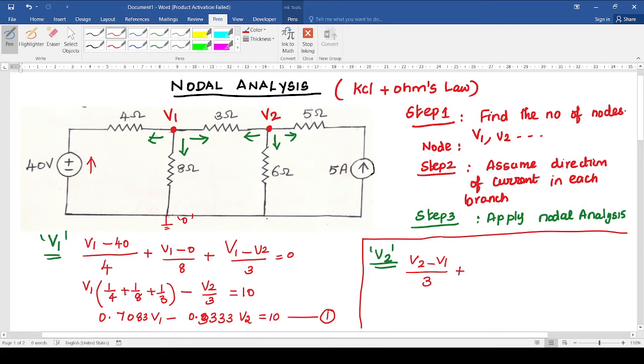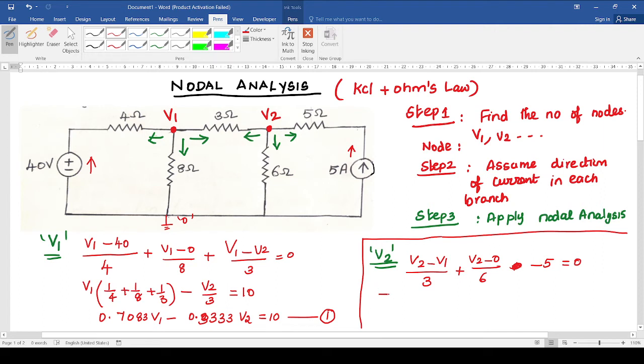Then V2 minus 0 by 6 because of ground potential, that is 0, plus V2, here there is no voltage. One current source is there. The resistance has no effect on this current source. And see the direction of the current source, both are opposing each other. So minus 5, that is equal to 0. Directly we have the current, so you have to substitute the current like this.